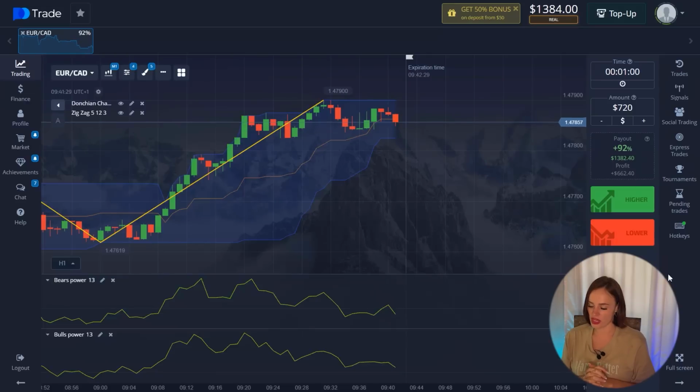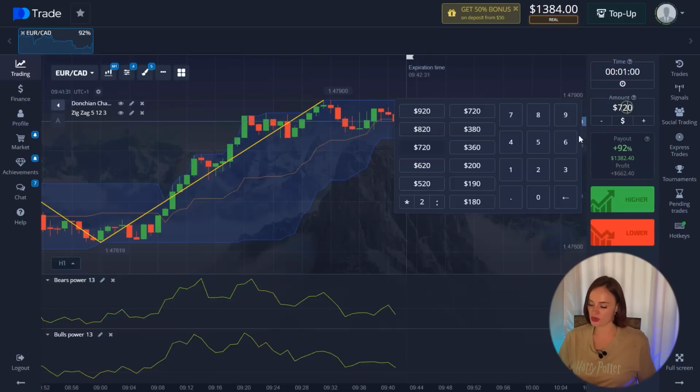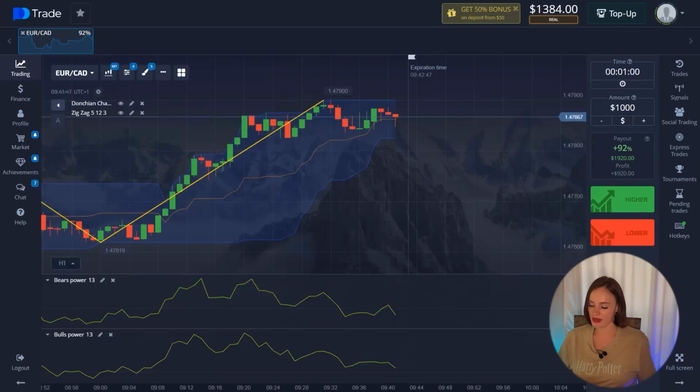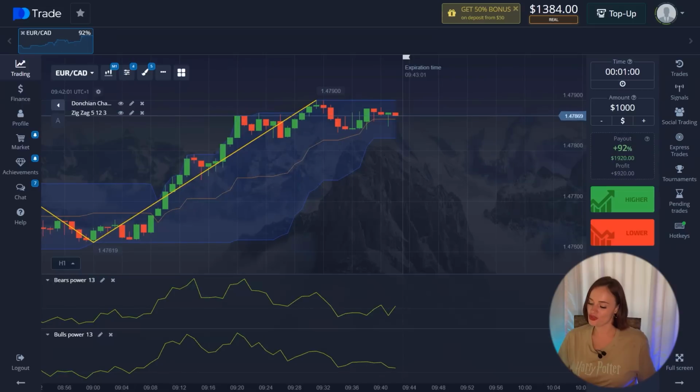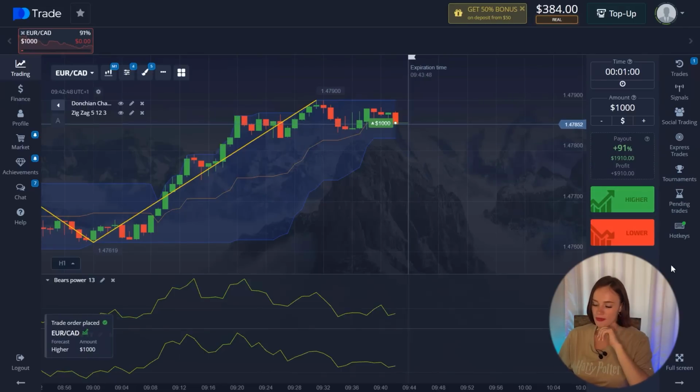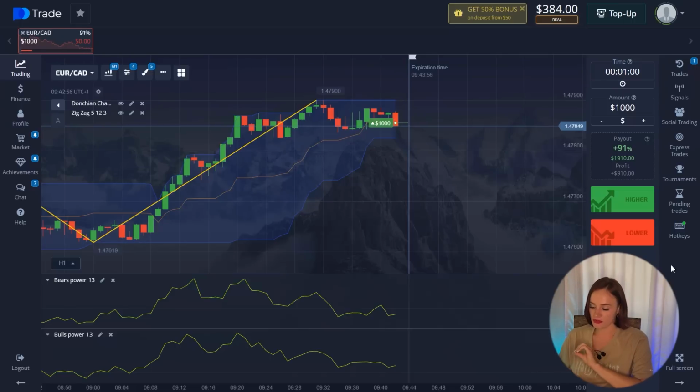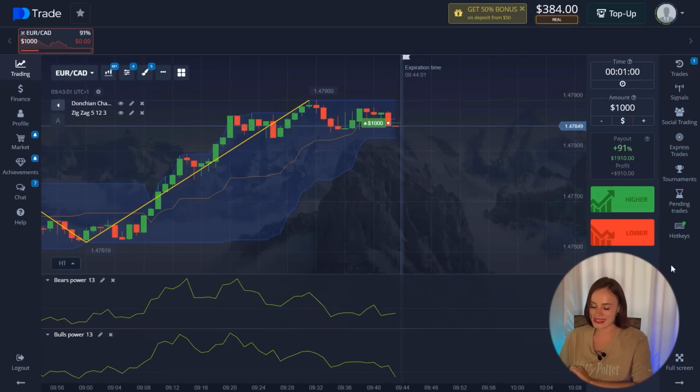I raised the transaction amount again, and now it's $1,000. Risks always remain, and I remember this, but I try to minimize them by showing you how to do it better. Continuing the acceleration, I opened a new deal to move higher. I made my decision based on the data of the bear's and bull's power indicators. The bull's power indicator line, despite fluctuations in quotations, invariably sought to grow, telling me about the strengthening of buyers.